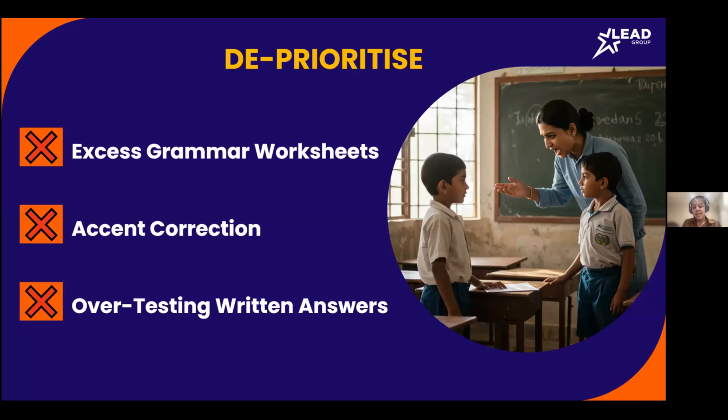And over-testing written answers. Especially in English, I think focusing on skill or comprehension is better than getting them to write a lot of mugged-up or rote-learned answers, or big reference-to-context answers, which we used to have in our time. So, not over-testing some of these written answers.